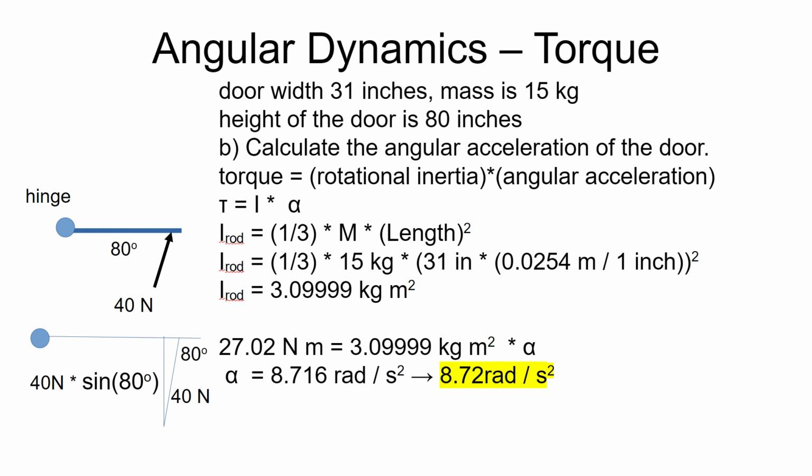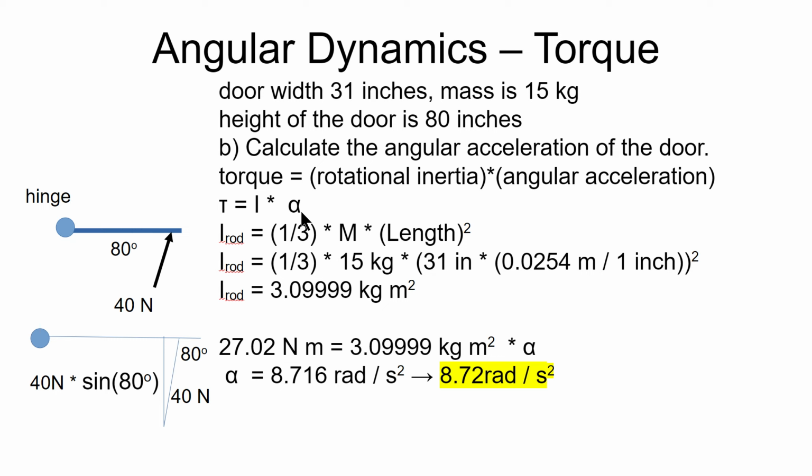Now we want to calculate the angular acceleration of the door. Well, the angular acceleration is found by this formula. Torque, tau, a lowercase tau, equals capital I, the rotational inertia, times the angular acceleration, alpha.